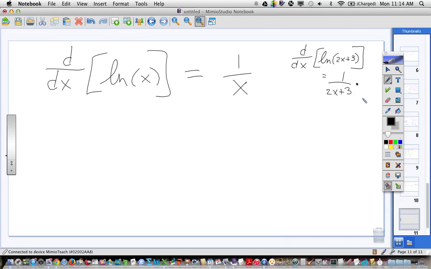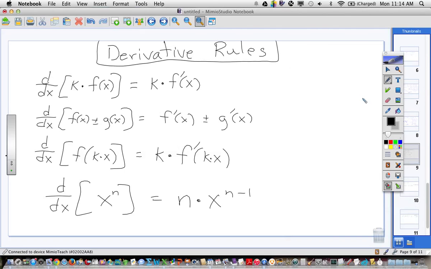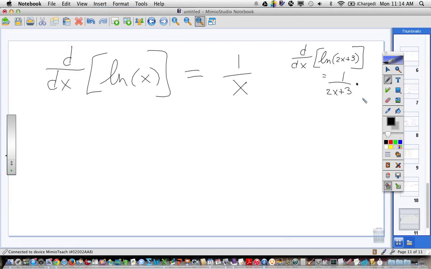Remember we said anytime you're multiplying on the inside by something, remember back here, anytime we multiply the x by something on the inside, we have to kick that out. So right here, we're multiplying on the inside by a 2. We'll have to kick out a 2. Now I can put that up on top as my answer. So my final answer, I could write 2 over 2x plus 3. That would be the answer.